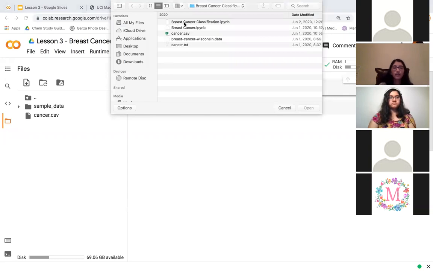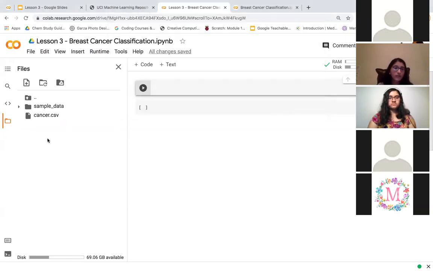Then in your drive or folder on your computer, make sure you're using the CSV that I sent on the WhatsApp and the Zoom chat. Then all you need to do is press on that and then open. Because I've already done it, I don't need to do it again. So the cancer.csv file should be seen on this left side.